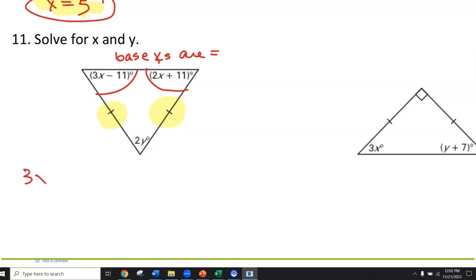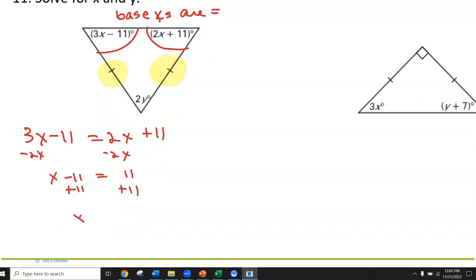So 3x minus 11 equals 2x plus 11. Okay, I'm going to subtract 2x, subtract 2x, and that's going to give me x minus 11 equals 11. So add 11, and x equals 22. Okay, so that's nice.